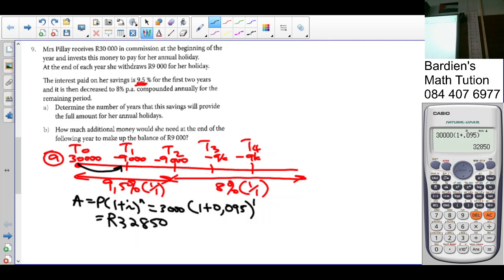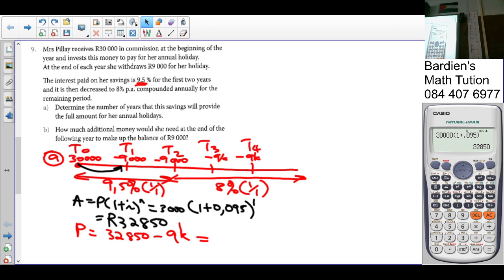So what happens now? The P value changes. P is equal to 32,850 Rand minus 9,000 Rand. That will give you 23,850 Rand.